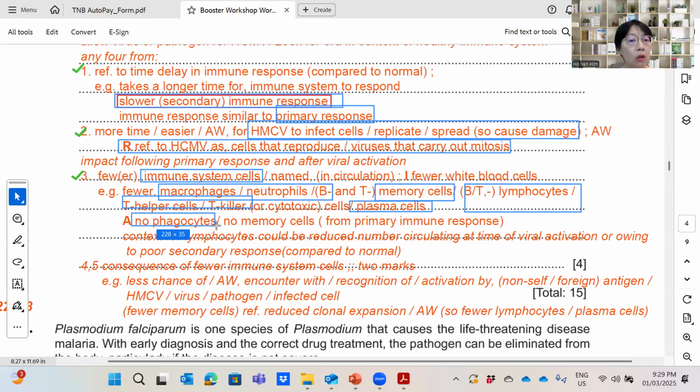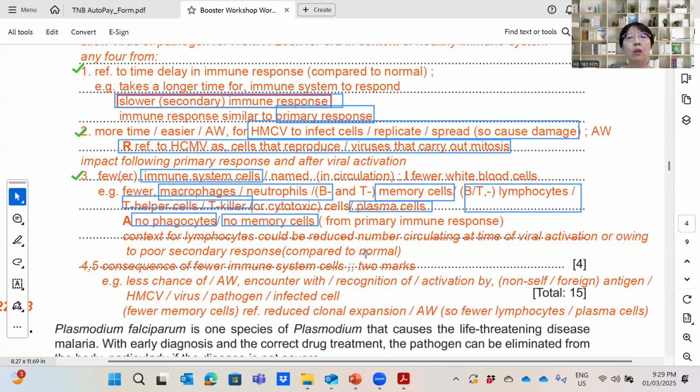No phagocytes is also correct. It can be no or fewer, both are correct, because we do not know to what extent it is weakened. As long as it fulfills the meaning of the word weakened, either you don't have any or you have fewer than normal people.